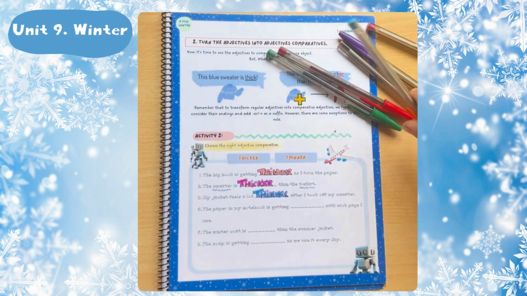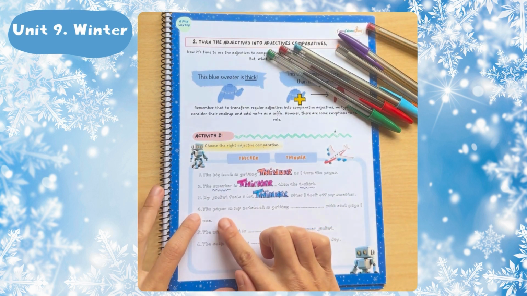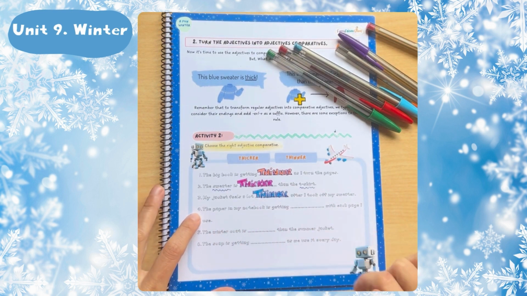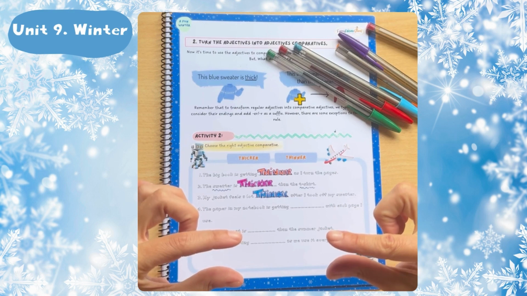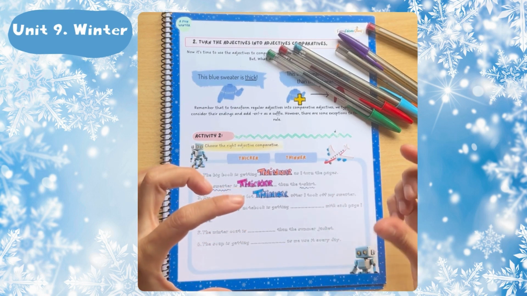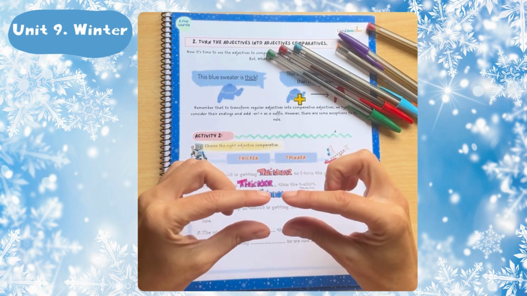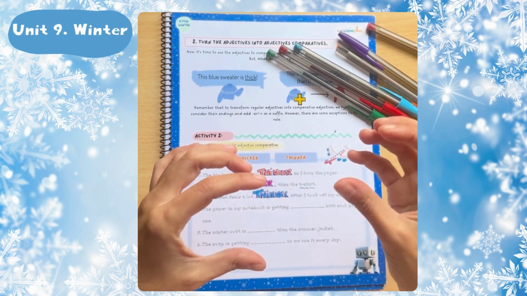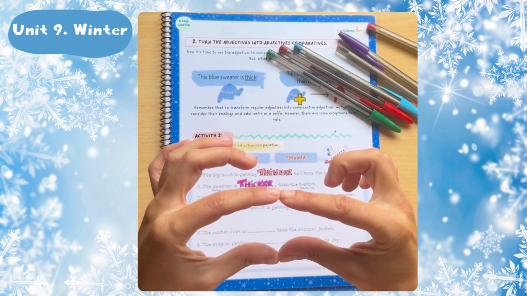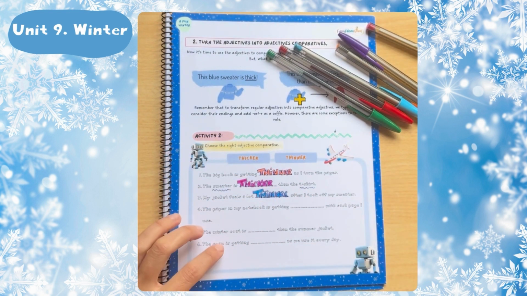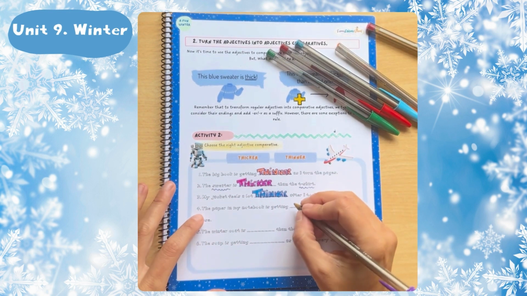Fantastic. Now let's go for number 4. The paper in my notebook is getting with each page I use. The paper in my notebook is getting thicker with each page I use, right? I have a notebook and I keep writing and adding pages. So that means the notebook is going to be thicker, bigger. So let's just write that word.